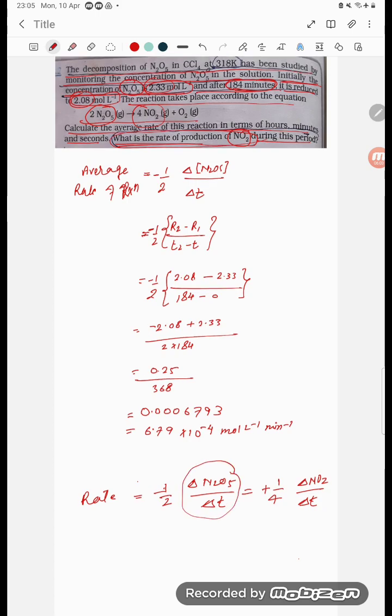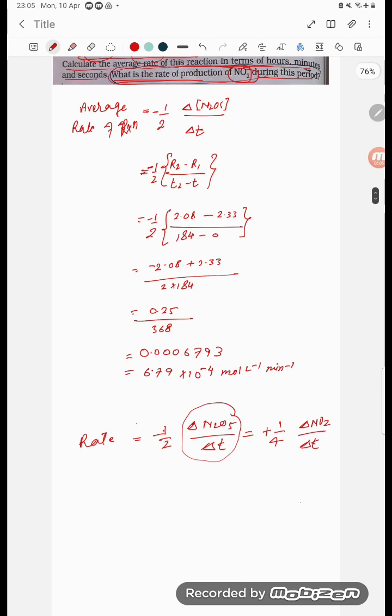So from the above equations, delta NO2 upon delta T, this will be in square bracket because we are talking about the molar concentration.